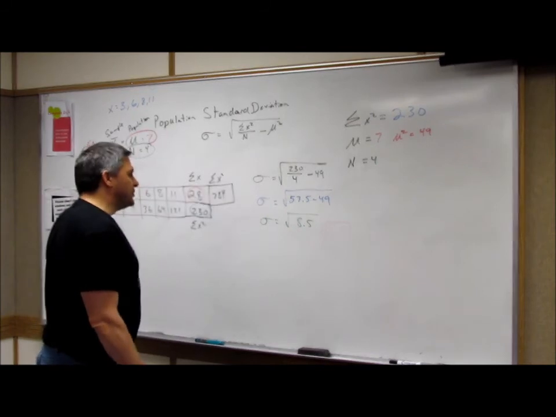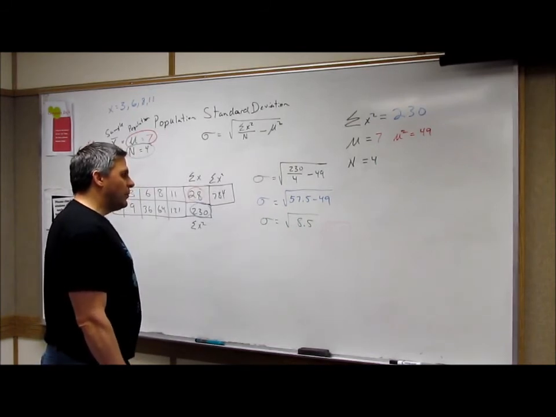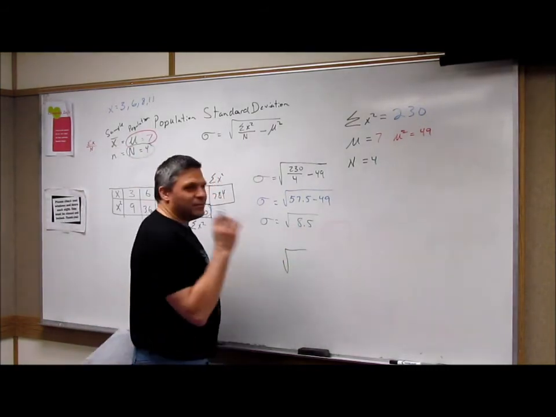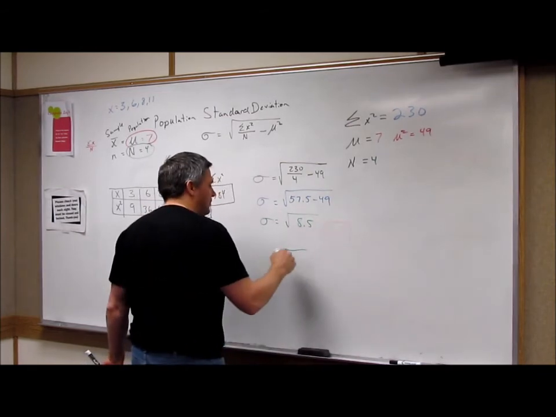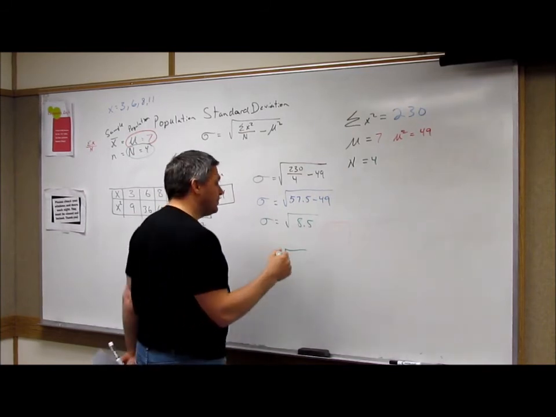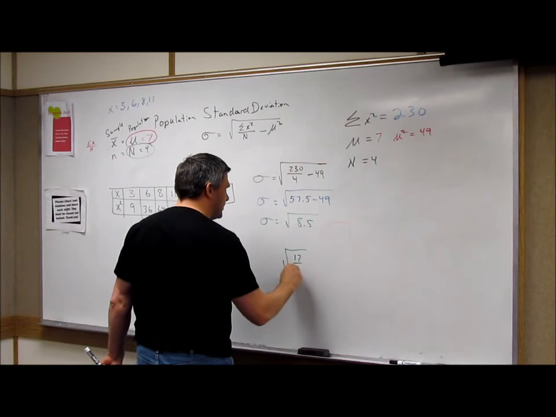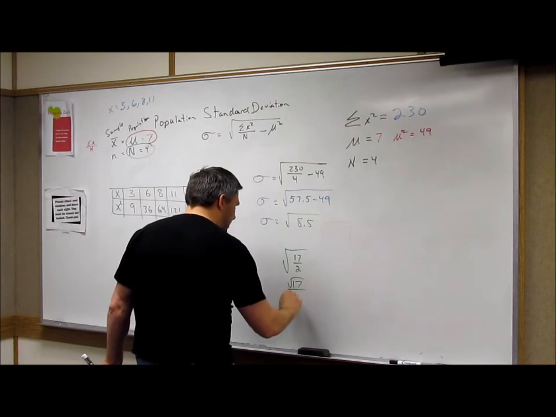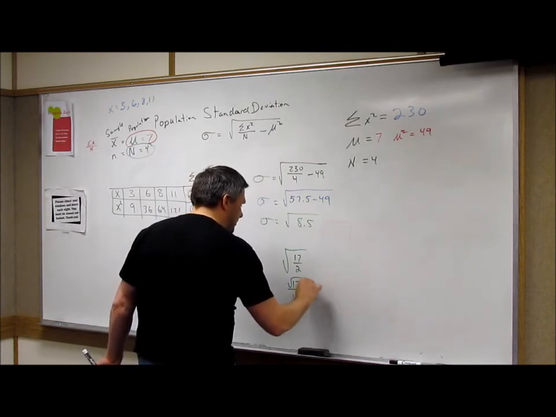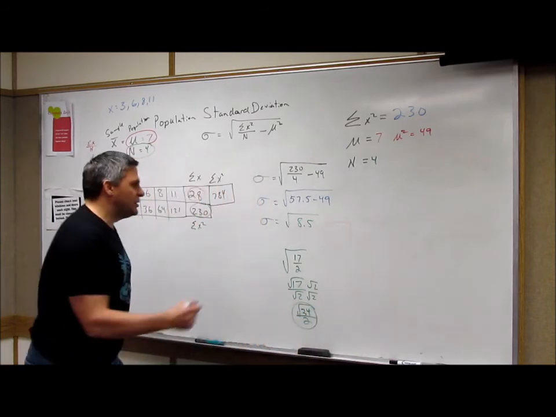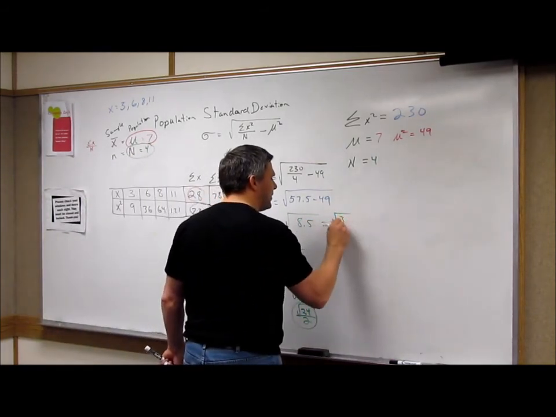Now we could do some funky math to find the actual answer not in decimal form. 8.5 is really 8 1/2, so 2 times 8 is 16, plus 1 is 17 over 2. But we can't have the square root in the bottom, so we have the square root of 17 over the square root of 2, times the square root of 2 over the square root of 2, so we end up with the square root of 34 over 2.